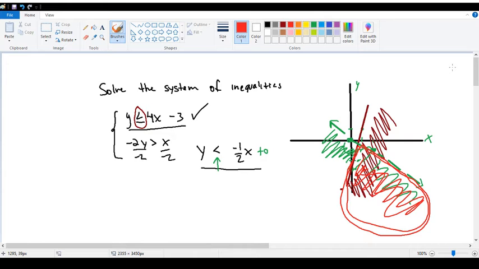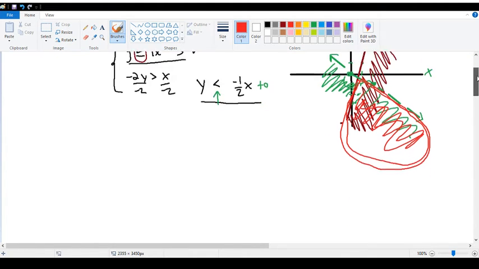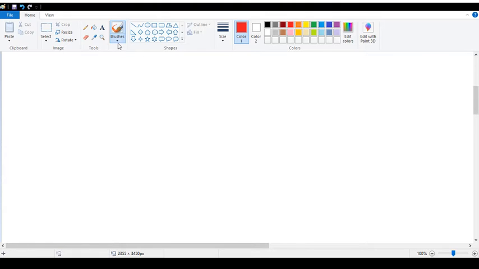Sometimes you will have more than one linear inequality. So, for example, I may have 2, I may have 3, I may have 4, and just remember that the solution will be the portion where all shaded regions overlap.